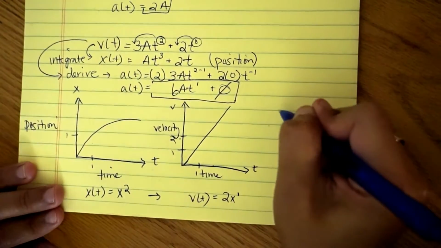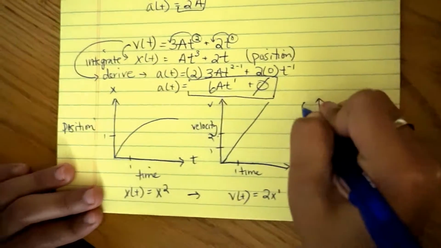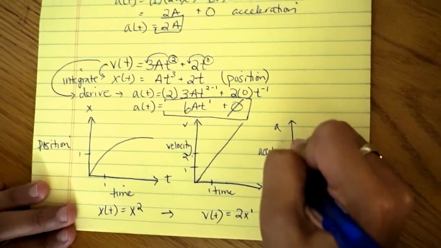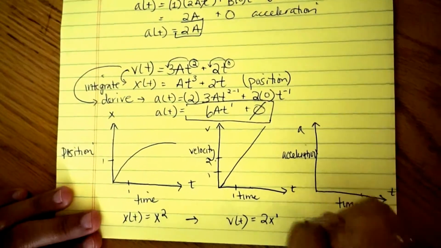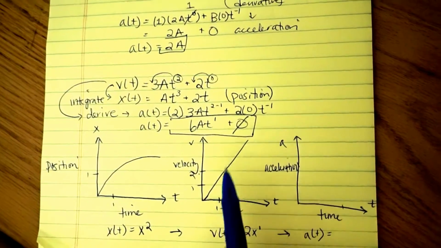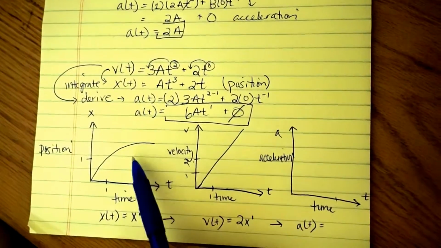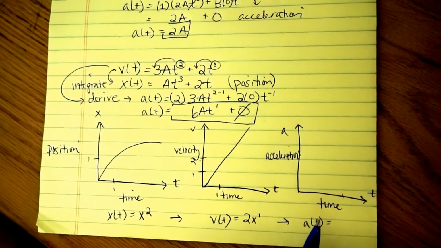And then you have your acceleration, time, acceleration, this is your time. Now your acceleration is the derivative of velocity, so this is quadratic, this is linear, and this is going to be constant.